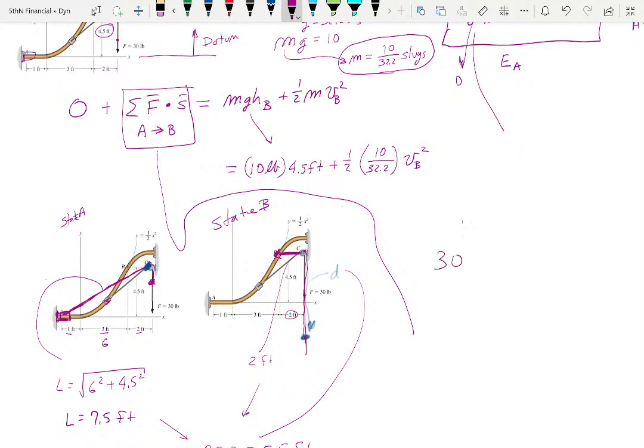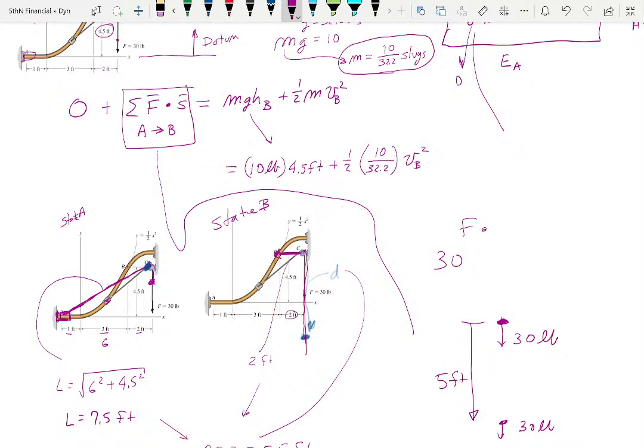So think about it like this: we're pulling the piece of tape with 30 pounds, and it ended up down here, still being pulled with 30 pounds the whole way, but it went in that direction 5 feet. So that would be in the same direction.